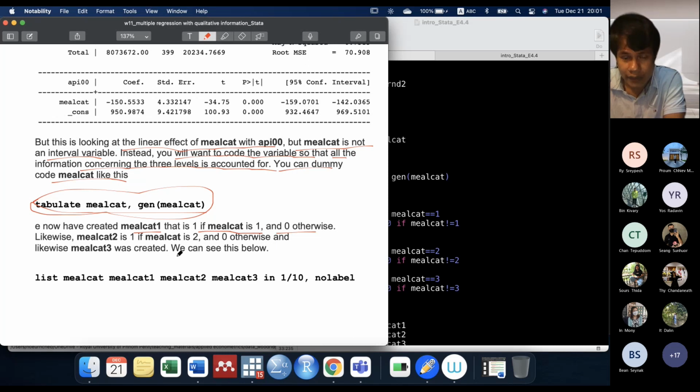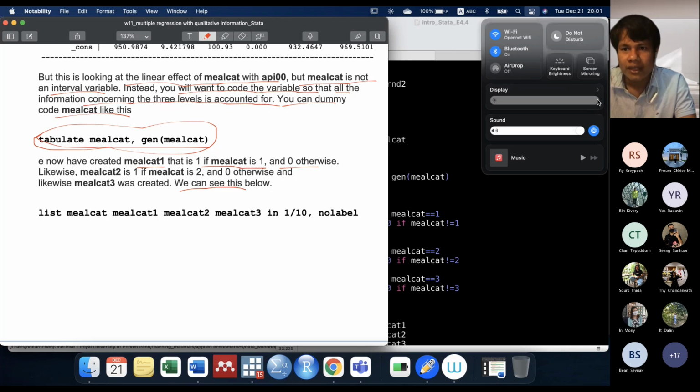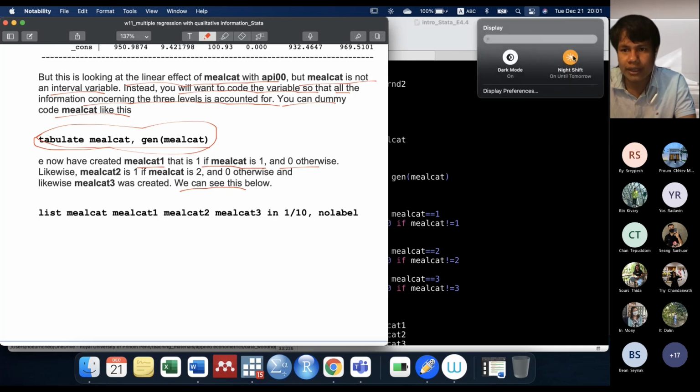If you want to see more about how the variable looks, you can see this below: list meerkat, meerkat 1, meerkat 2, meerkat 3. You list it for the first 10 respondents. Nolabel means that you want it to show the values. Let me share this.